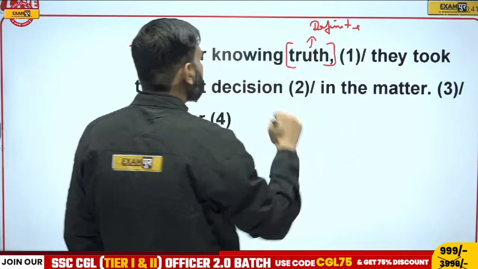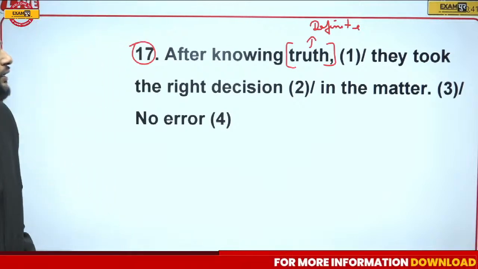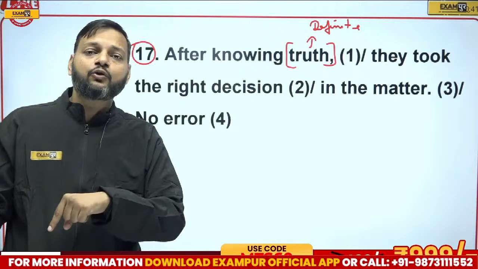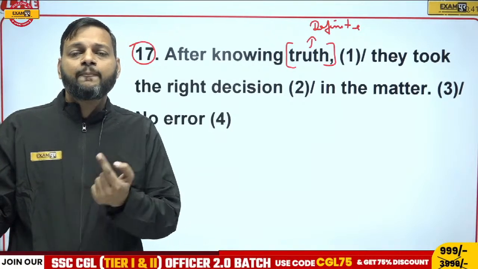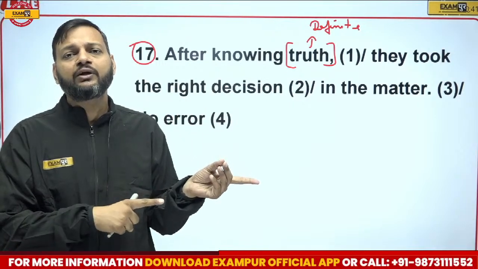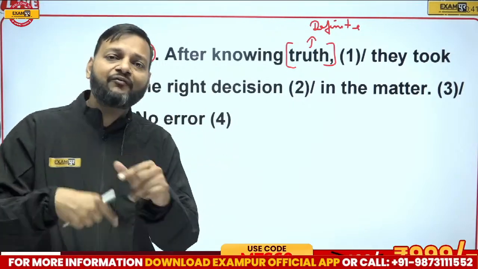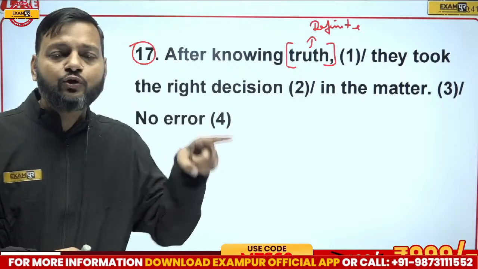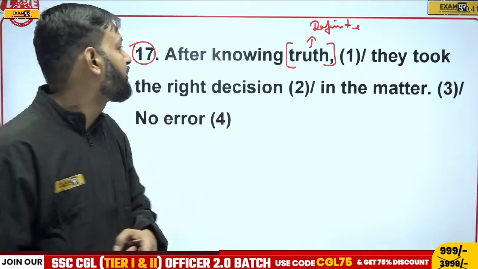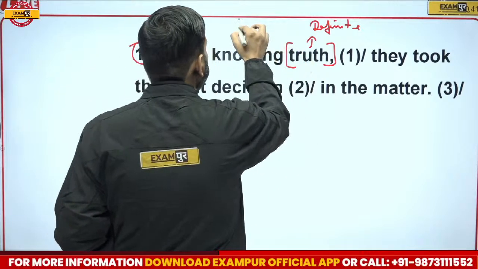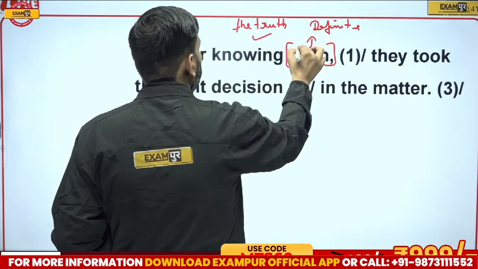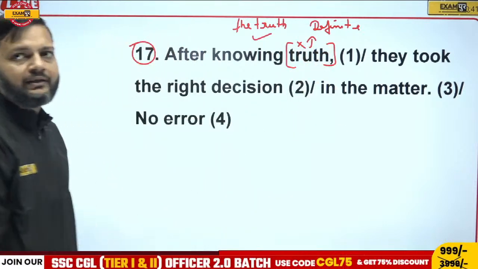Why is it definite? Because they took the right decision in the matter after knowing the truth. So truth has been identified. Which truth are we talking about? The truth after which they took the right decision. So it is definite, and the should be used with it. So here truth will be replaced by the truth.